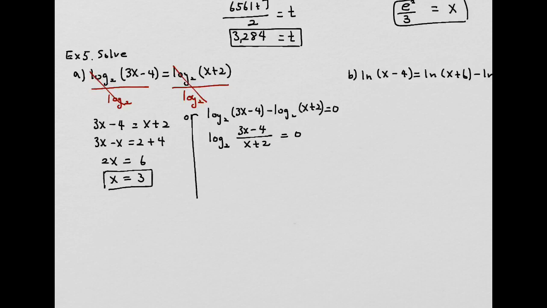So if I change this to exponential, it will be 2 to the 0 exponent. So from here to here, changing to exponentials. And it gives you 2 to the 0 exponent equals (3x minus 4) over (x plus 2). 2 to the 0 exponent is 1.